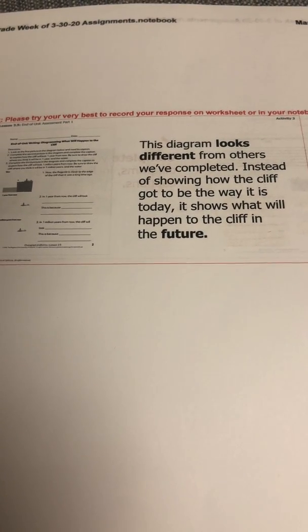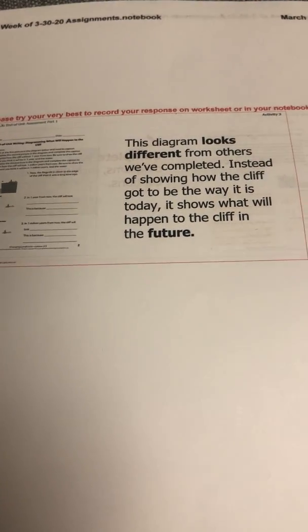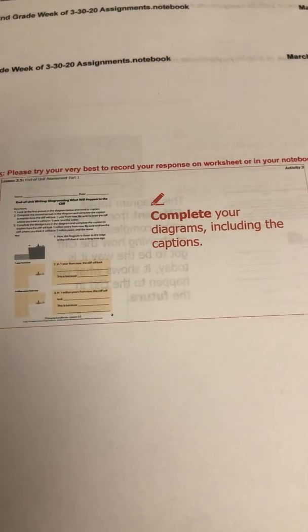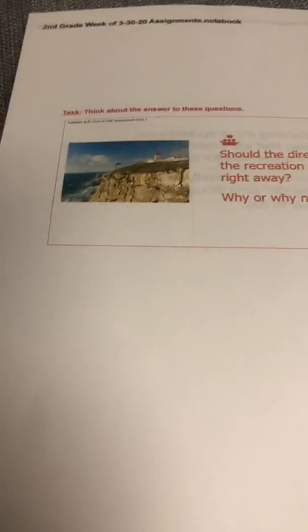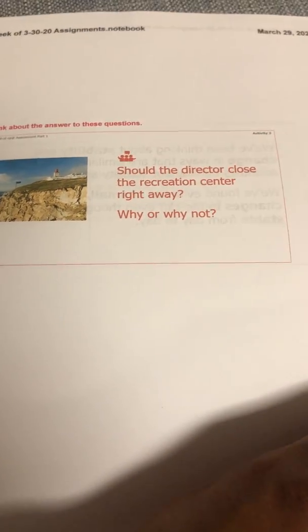Instead of showing how the cliff got to be the way it is today, it shows what will happen to the cliff in the future. So you can complete your diagrams, including the captions, the highlighted area below. Should the director close the recreation center right away? Why or why not?